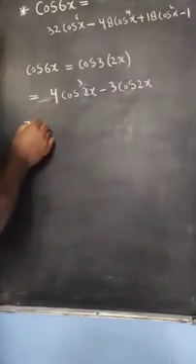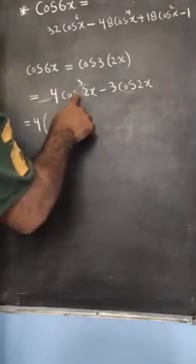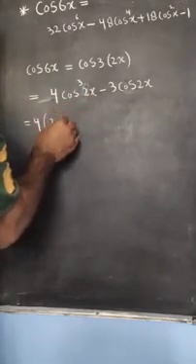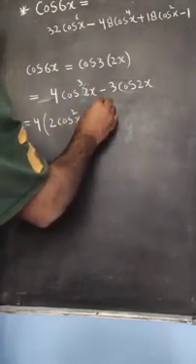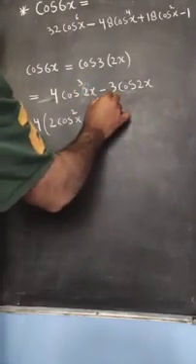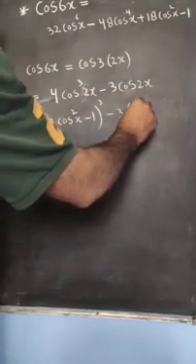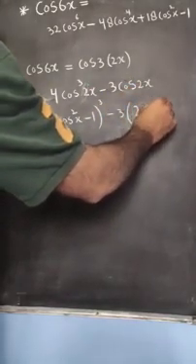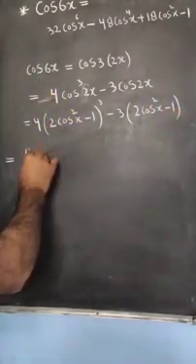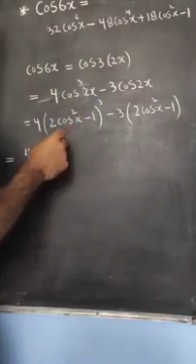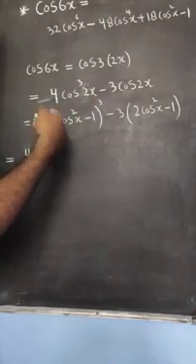Now we can write it as 4 times, we know that cosine 2x can be written as twice cosine square x minus 1. Then we have raised power 3 here, minus 3 times, and we can write it as twice cosine square x minus 1. Now we have a minus b whole cube, that is equal to a cube minus b cube minus 3a square b plus 3ab square.